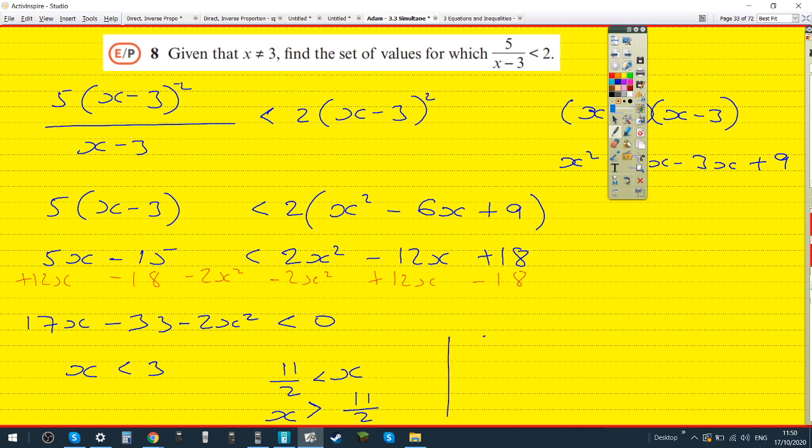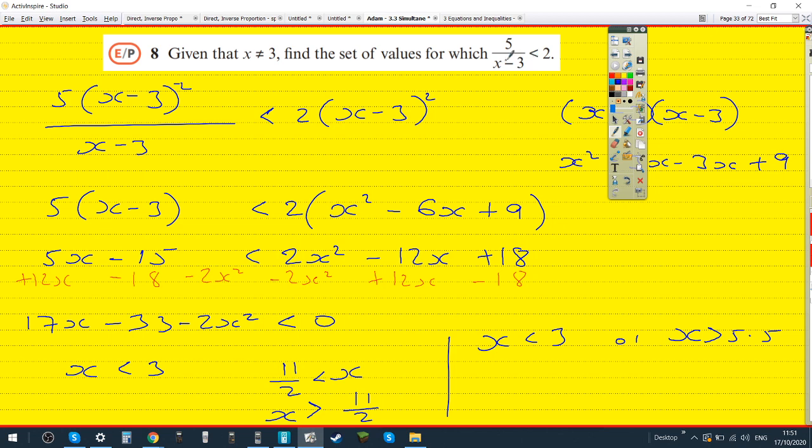So x is less than 3 or x is greater than 5.5, because they've got no overlap. You can either get a negative number that'll be less than 2, or a very small fraction, like 5 over 100.